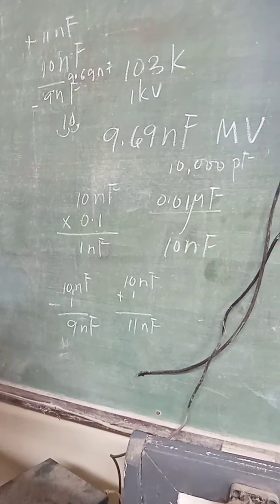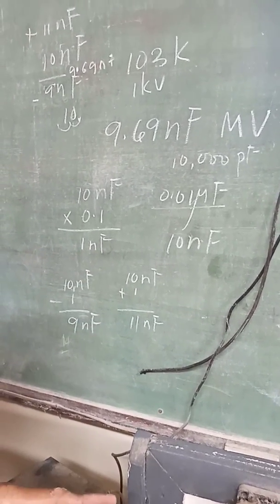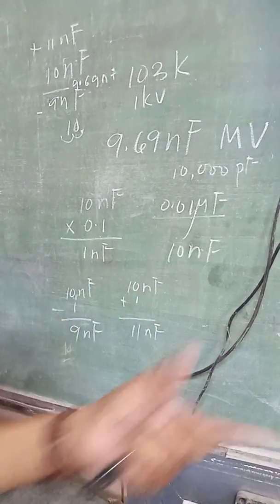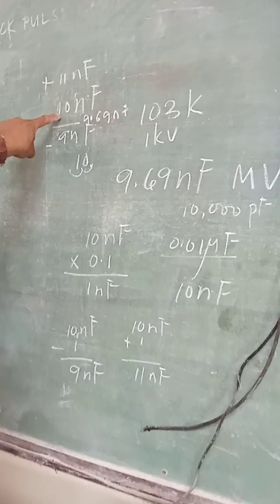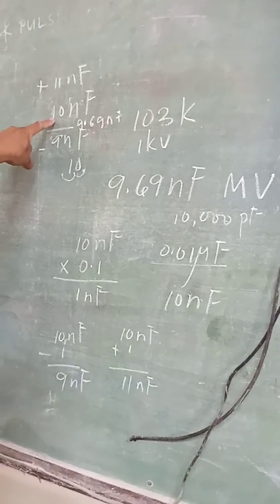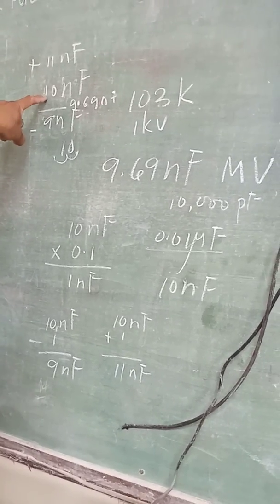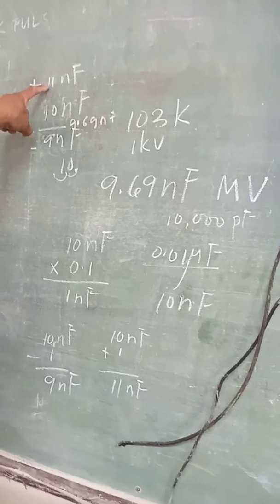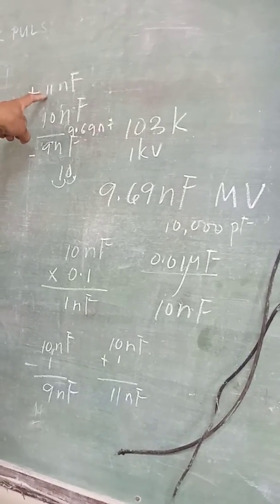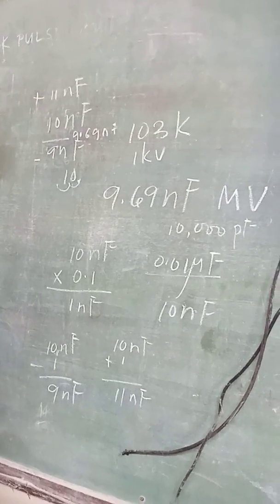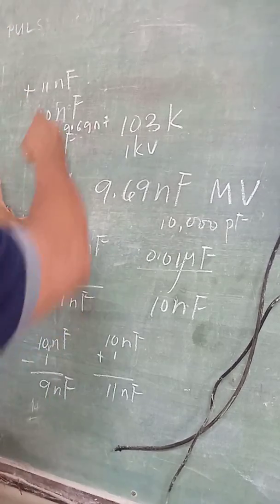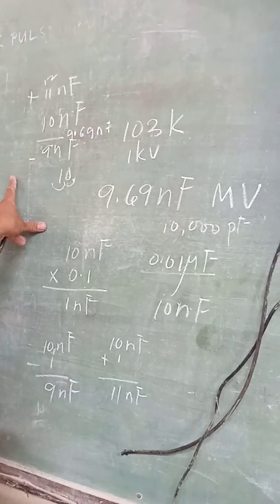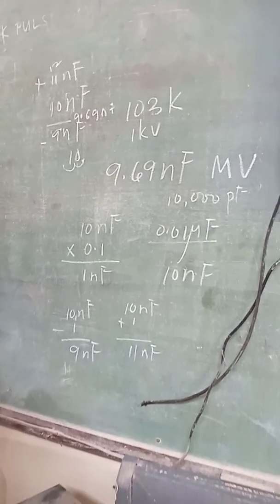Tolerance is the permissible deviation of the value from the specified value. We have heard the specified value, 10 nanofarad, based from the coded value, or numerical code. And when you compute the tolerance, the maximum allowable deviation is 11. Beyond that is no longer permissible. It is considered bad.